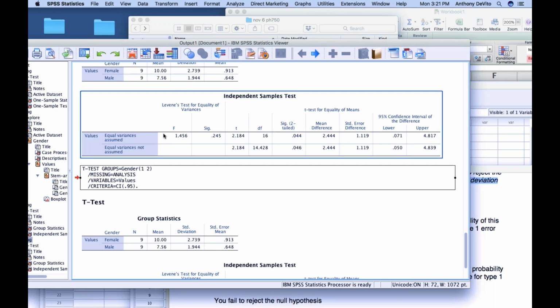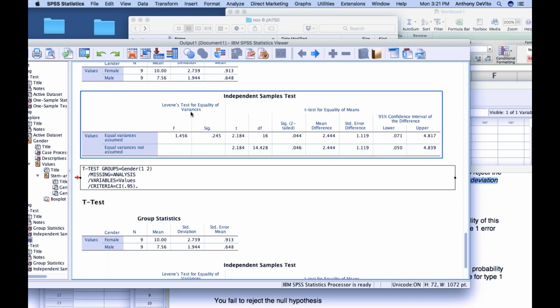The top line represents the calculation for t if you assume equal variances. The bottom line is the calculation for t if you assume unequal variances. We used the top line because we assumed equal variances, since they were so close. One wasn't double the other.